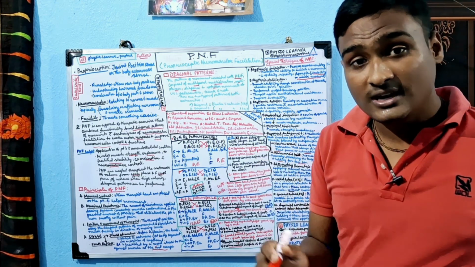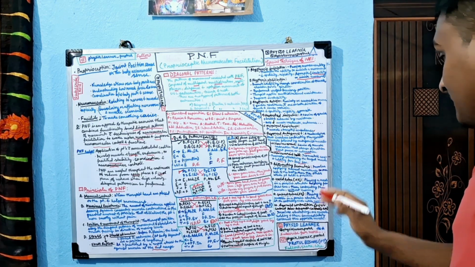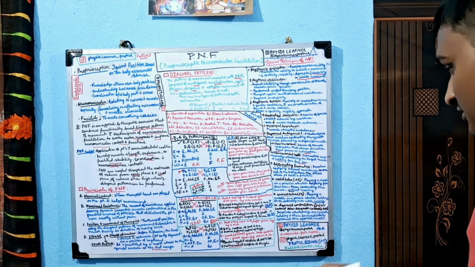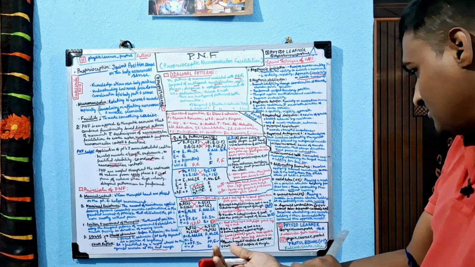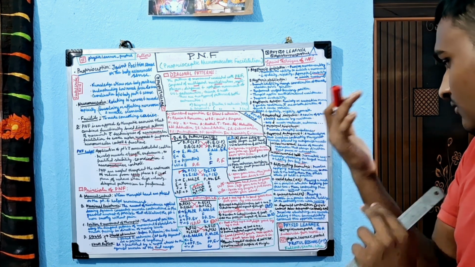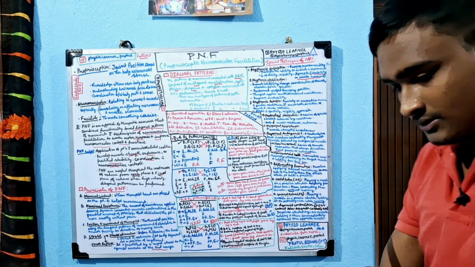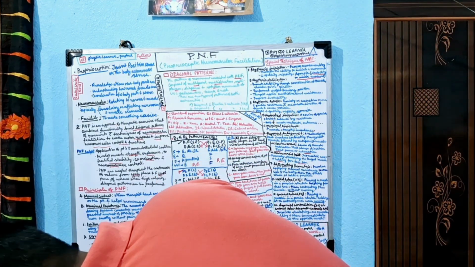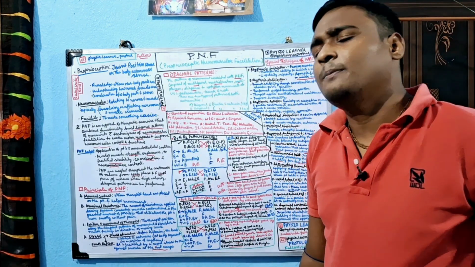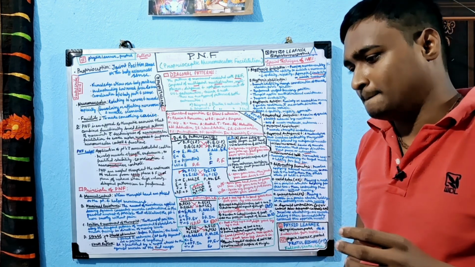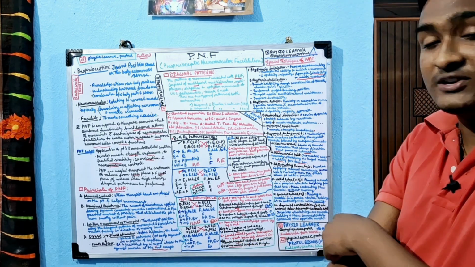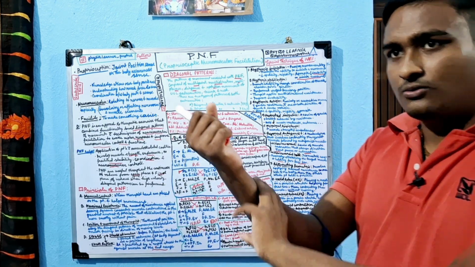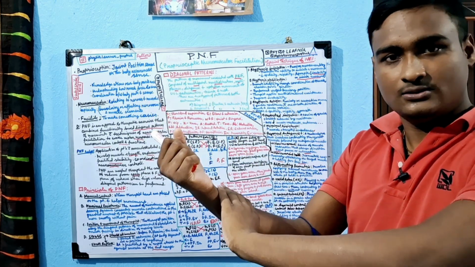What is hold relax? Placing a muscle in a passive stretch, holding for a few seconds, then contracting the muscle without moving. For example, when a patient has lost the full range of elbow flexion, we press with no movement.